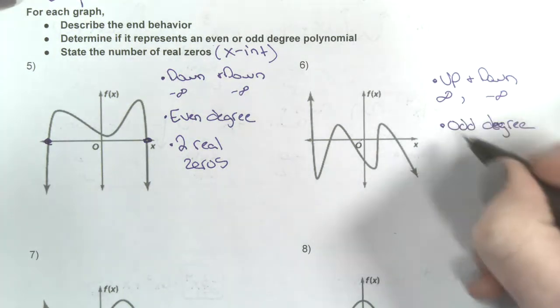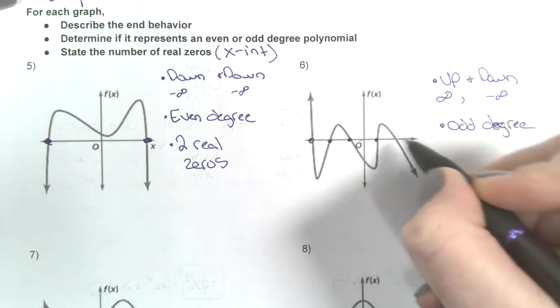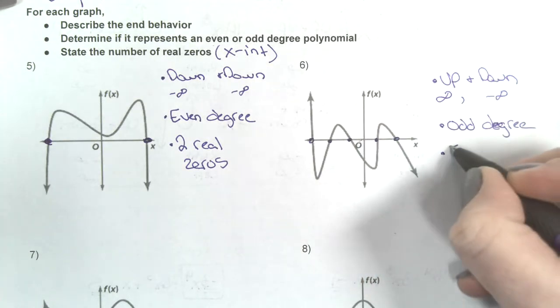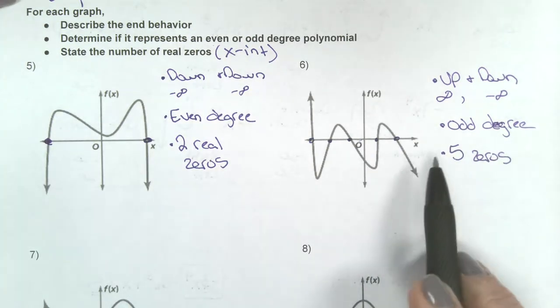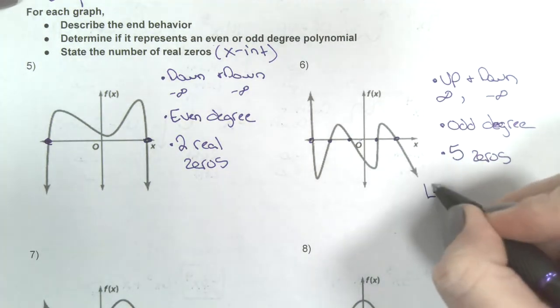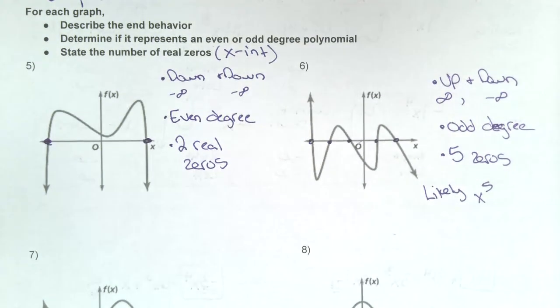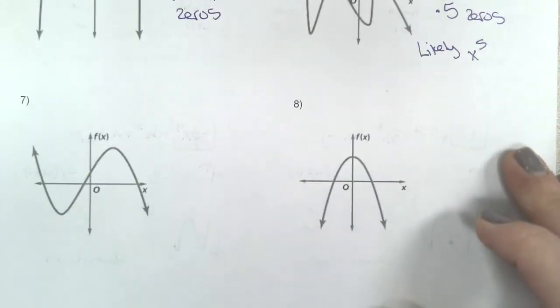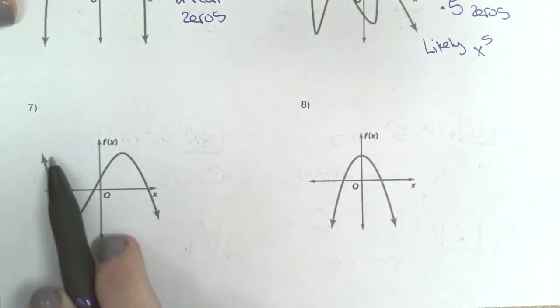How many zeros does it have? 1, 2, 3, 4, 5 zeros. If this has 5 zeros, this is likely a 5th degree polynomial. And on this one, they're going in opposite directions.